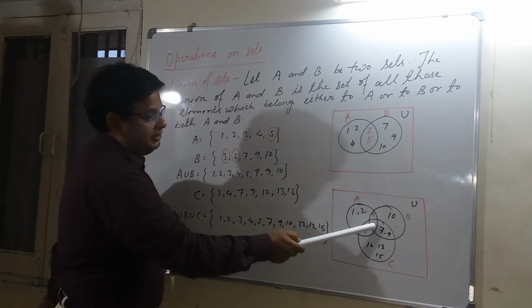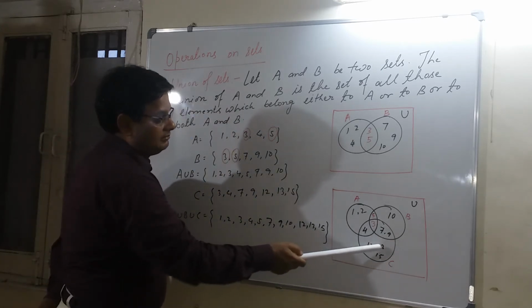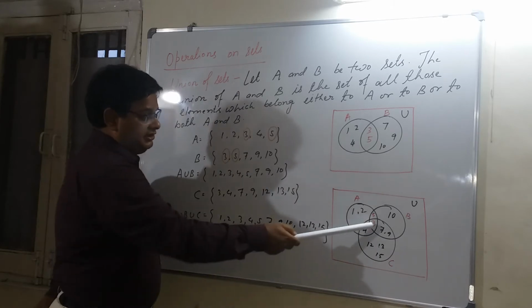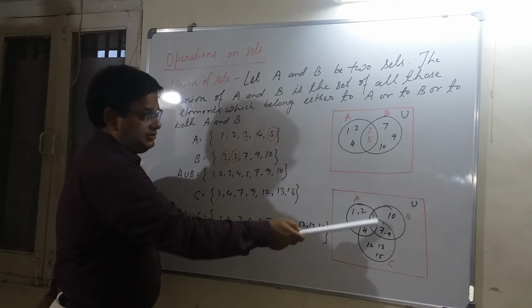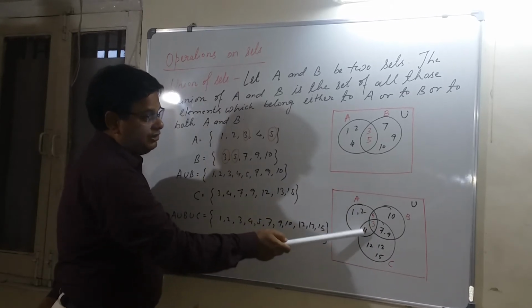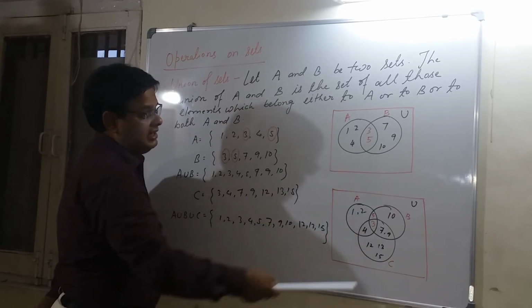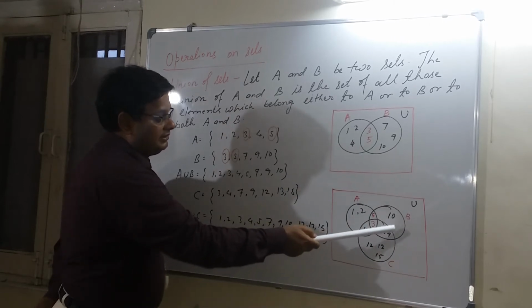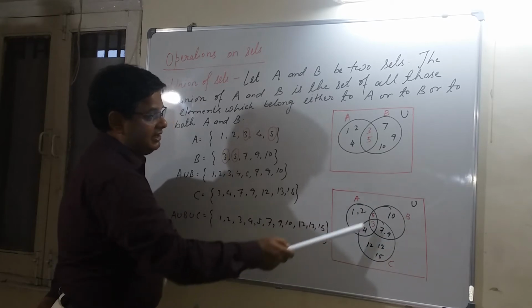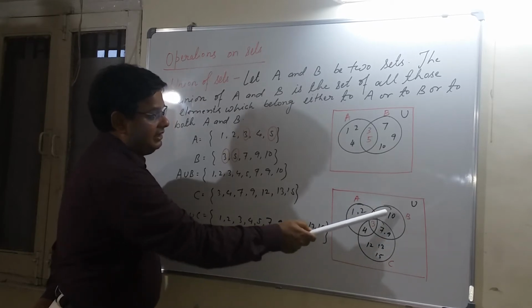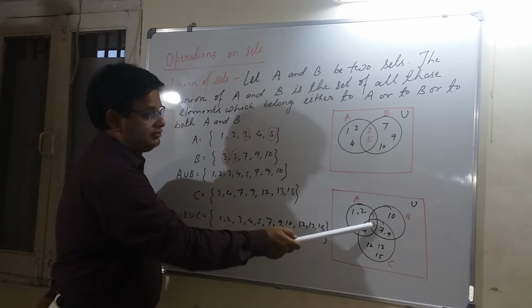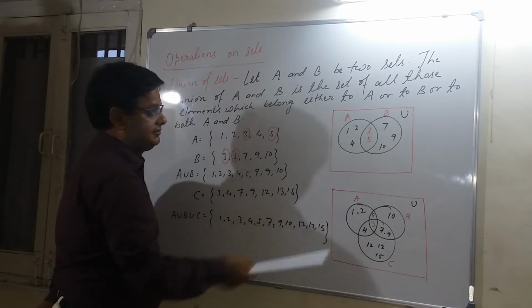Here 3 is common in all three sets, 4 is common in A and C, 7 and 9 are common in B and C, and 5 is common in A and B.